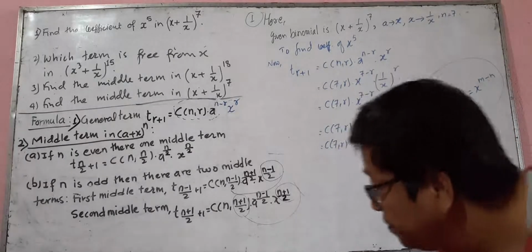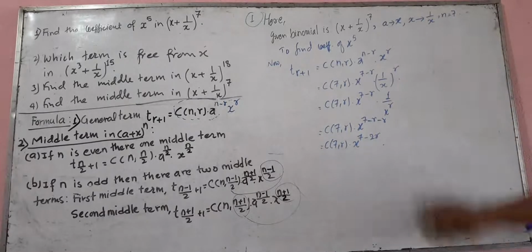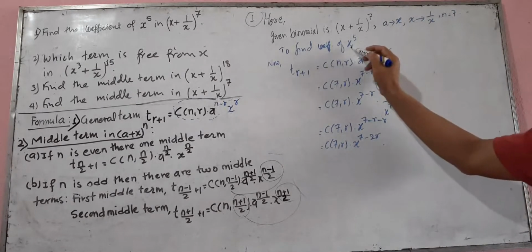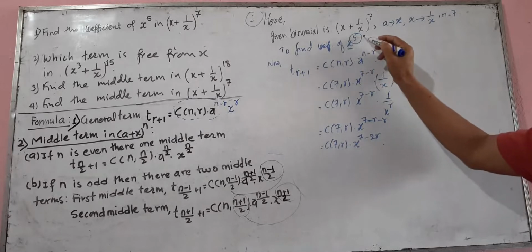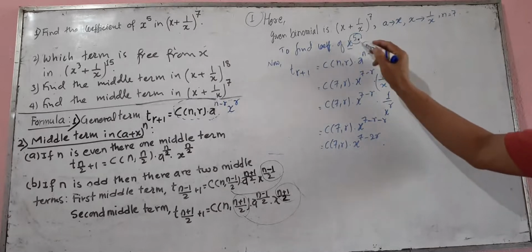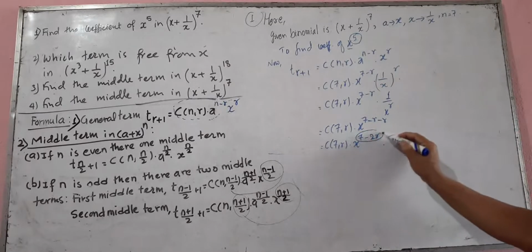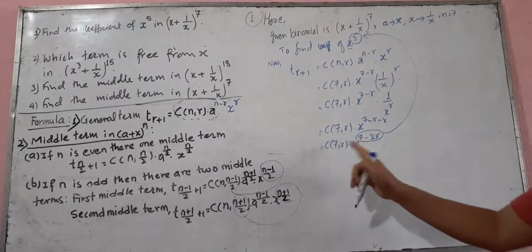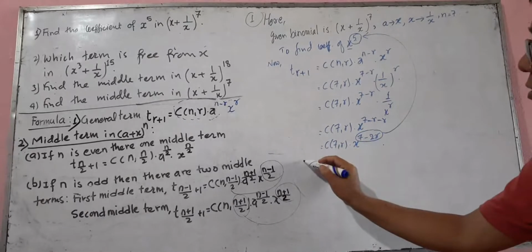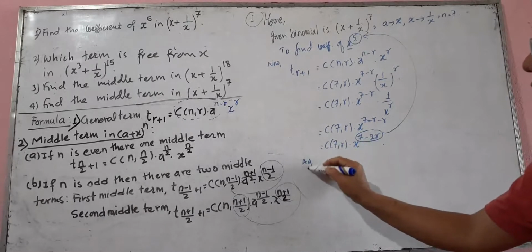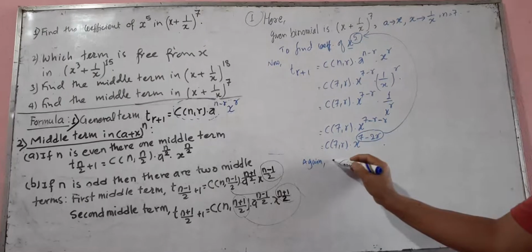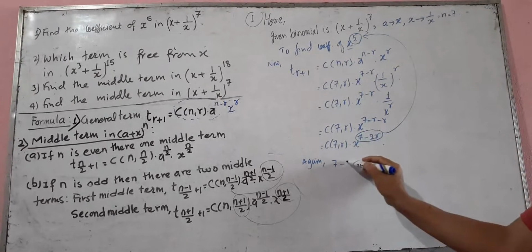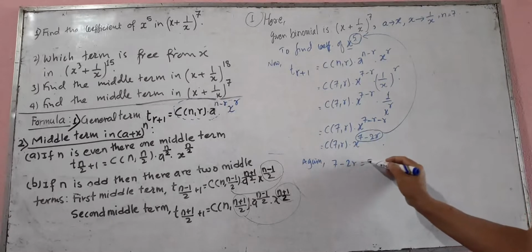So now what we have to find? We have to find the coefficient of x^5. So this power must be 5. Look at here, then we can get the coefficient. So we equate 7 minus 2r equal to 5.